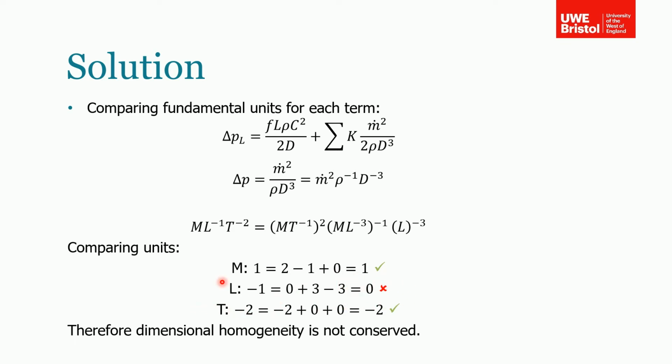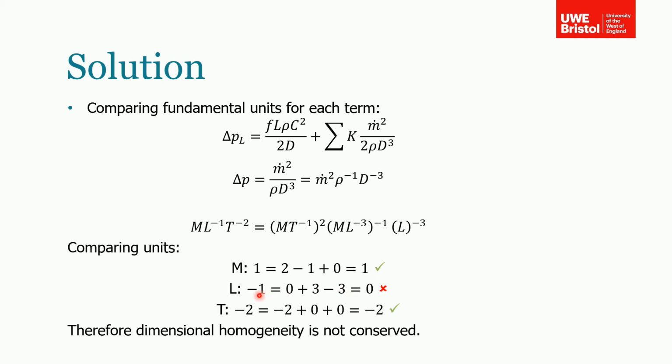So do time first. On this side we have -2, here we have -2, and we don't have time in any of the other two terms. So -2 is equal to -2. However, in terms of length, we have length to the power 1 on the left hand side, and on the right hand side we have no length in this term. We have -3 and -3 to the -1, which gives us +3, -3, and it's equal to 0.